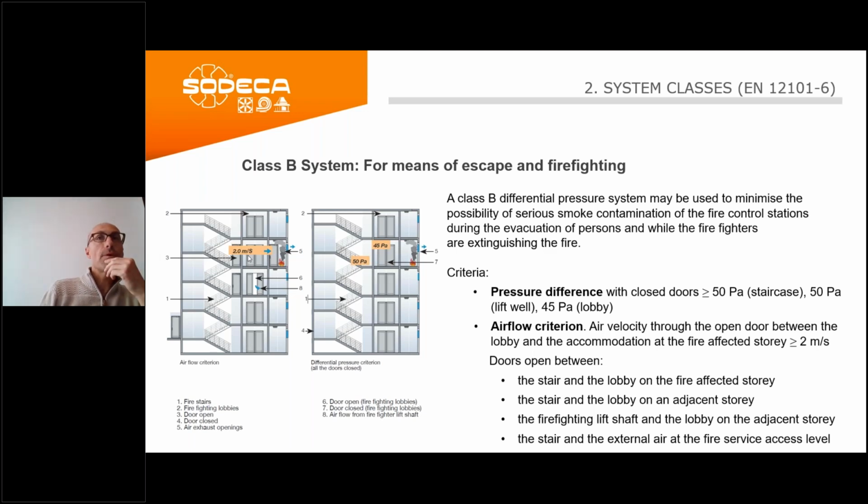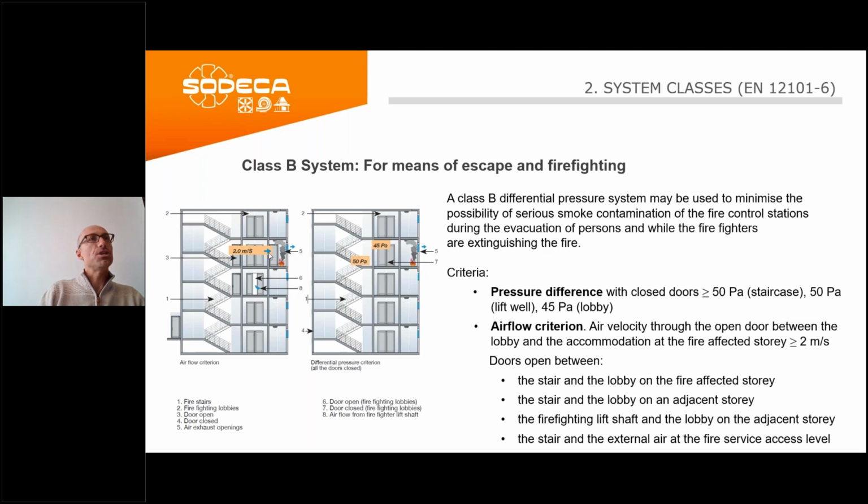And then there's the airflow criterion that it says that the system has to achieve this 2 meters per second through the door between the lobby and the accommodation area at the fire level, but with a number of doors open that are the door between the stairwell and the lobby at the fire level, between the stairwell and the lobby at a level just under the fire level, with the door of the firefighting lift open, and also with the exit door open.